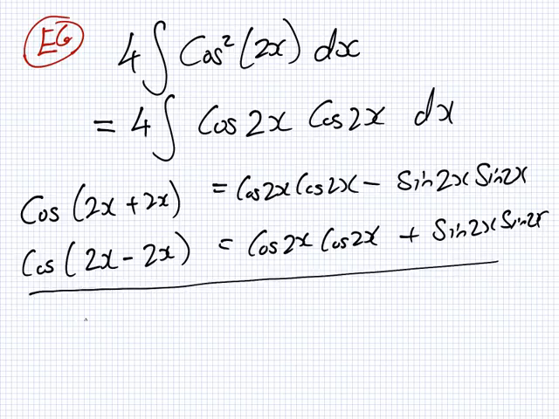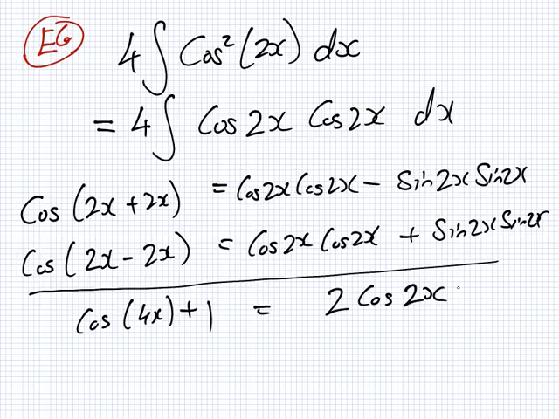If I add these together, I'll get cos 4x plus 1, because this is cos 0. And this is equal to 2 cos 2x cos 2x. So in other words, cos squared 2x. If I just look at this 4 and just put it inside for the moment, I nearly have what's in the question.